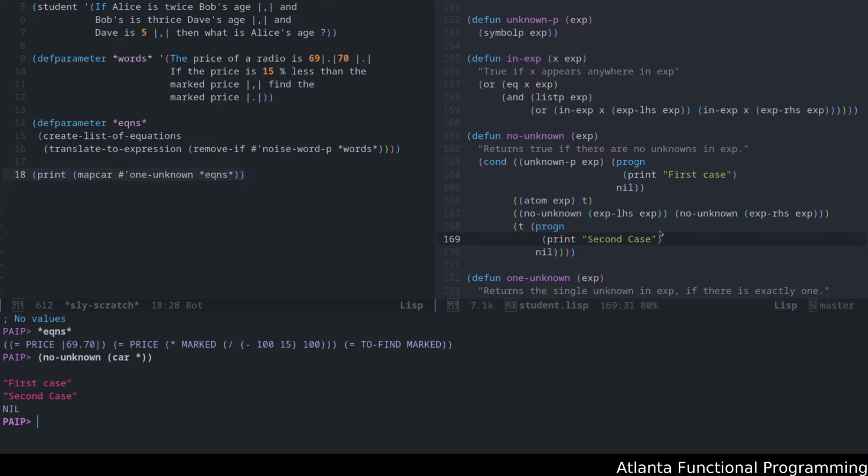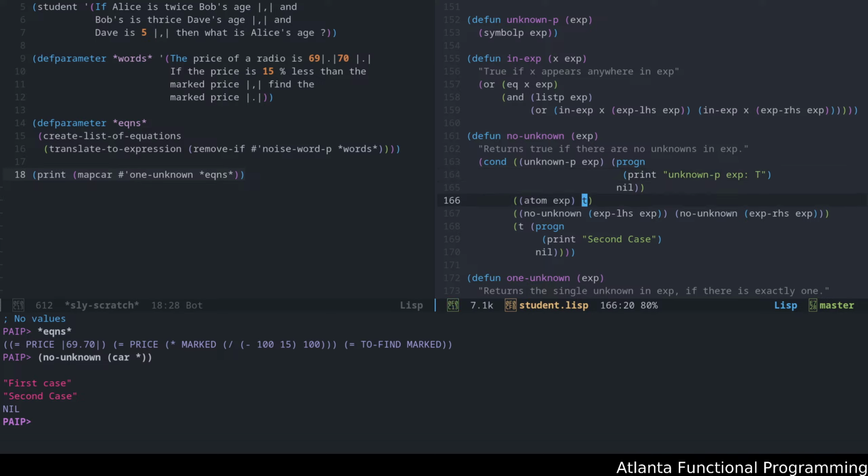Okay, so it's calling a recursive call here, which, here, let's do, let's further refine this. Actually, let's do unknown p exp true.